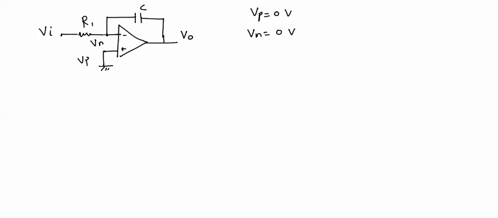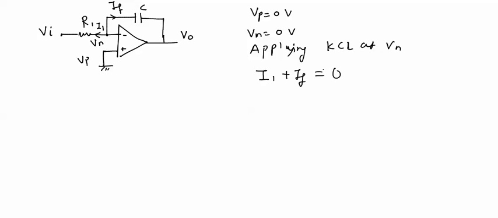Now at this point we will apply KCL. This will be one current I1 and this will be one current IF. So applying KCL at Vn, we get total incoming current should be equal to total outgoing current. So we have both outgoing current should be equal to 0.